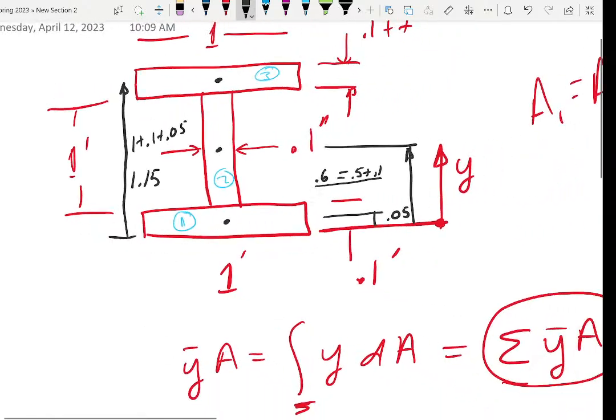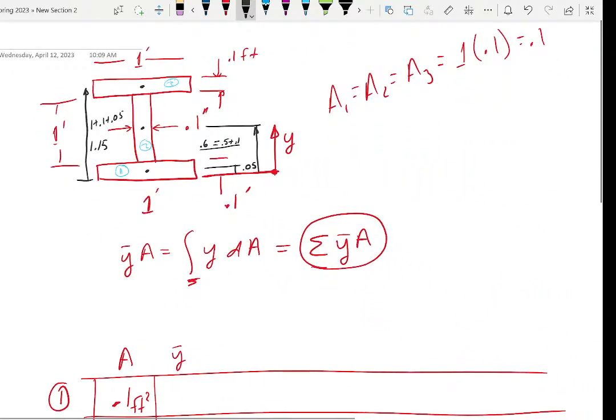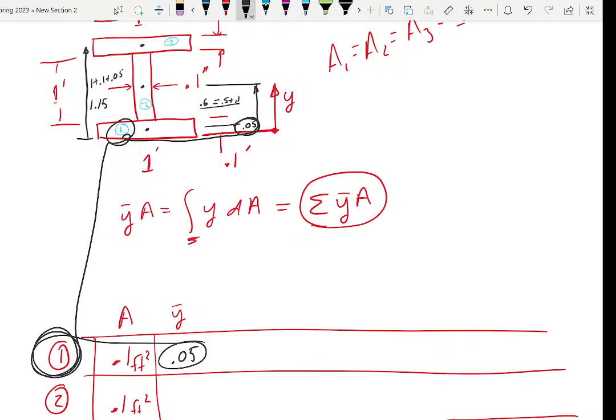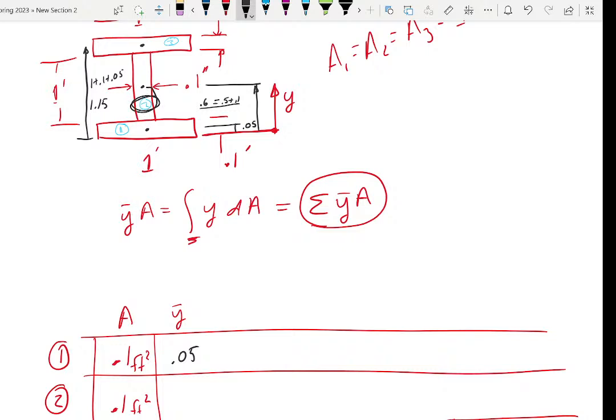Now, what I'm going to do is make sure I list these the right way. The y bar of the first one is 0.05. So this is the distance of 1, and it's that. Now the distance of the second one, the centroid there, is 0.6.